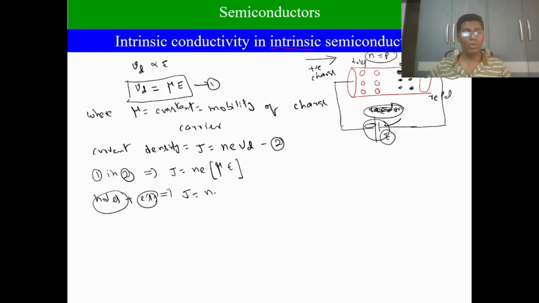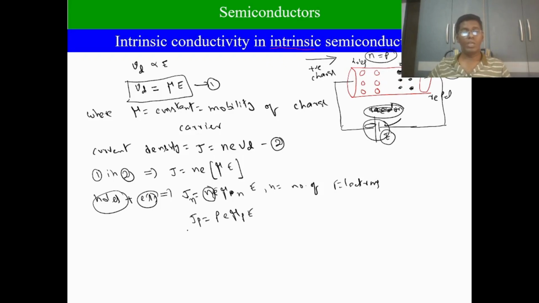So J is equal to Ne into mu. I am writing the equation for the current density due to the electron concentration: Jn is equal to Ne into mu n into capital E. Similarly, the current density due to the holes is equal to Pe into mu p into E. In the first equation, n is the number of electrons, mu n is the mobility of the electron, and e is the charge of the electron.